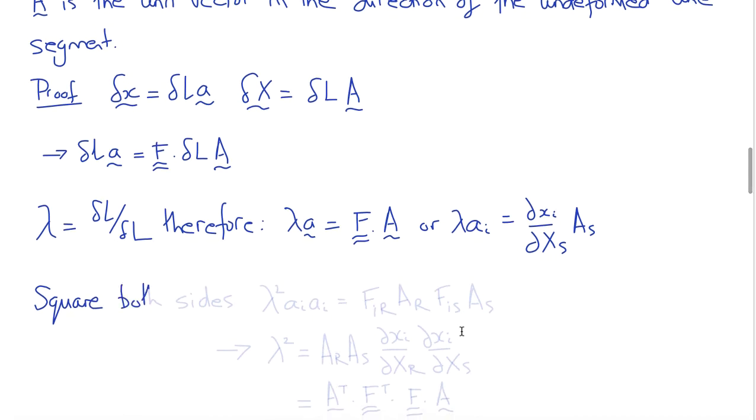Next, we square both sides, which gives us λ² a_i a_i, or a dot a, which would therefore equal F_iR A_R times F_iS A_S, where F_iR and F_iS are ∂x_i/∂X_R and ∂x_i/∂X_S.